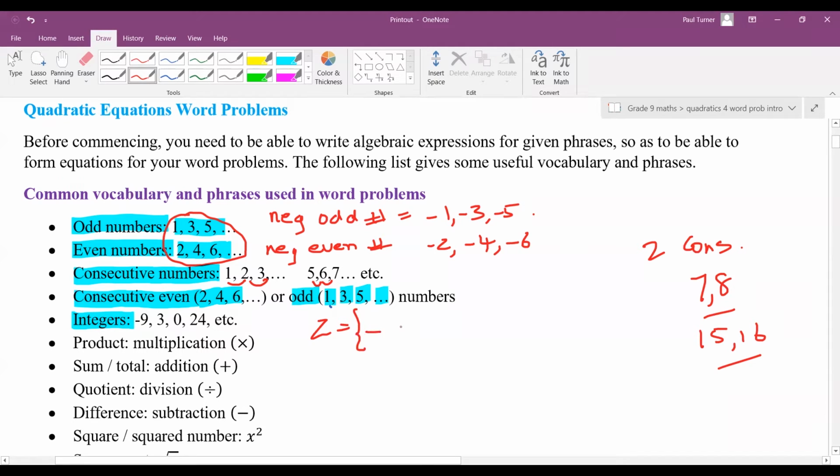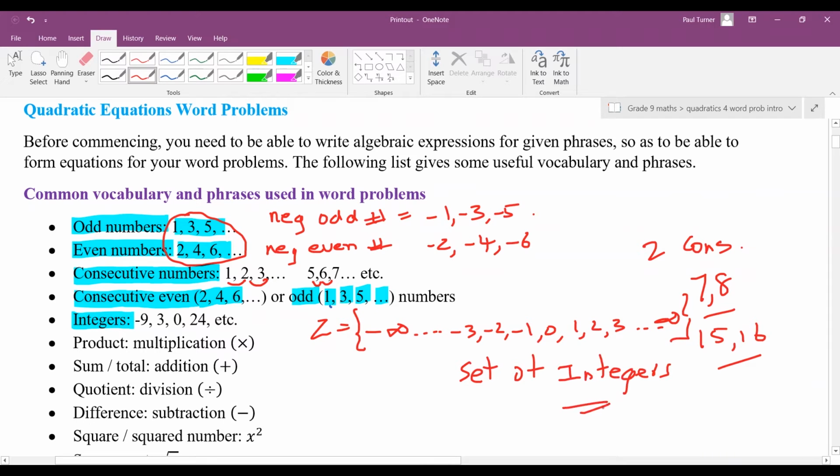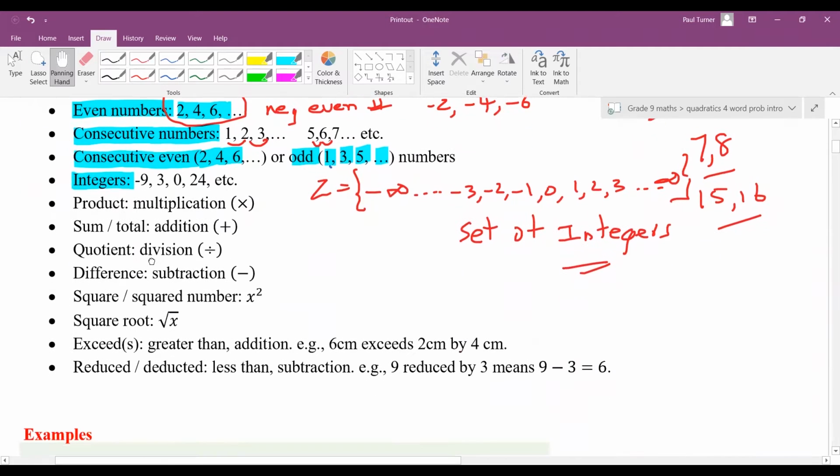Okay, so from minus infinity, you can get -3, -2, -1, 0, 1, 2, 3, up to infinity. Okay, and that's called a set. I just wrote that as a set of integers. Okay, so there's no fractions involved with integers.